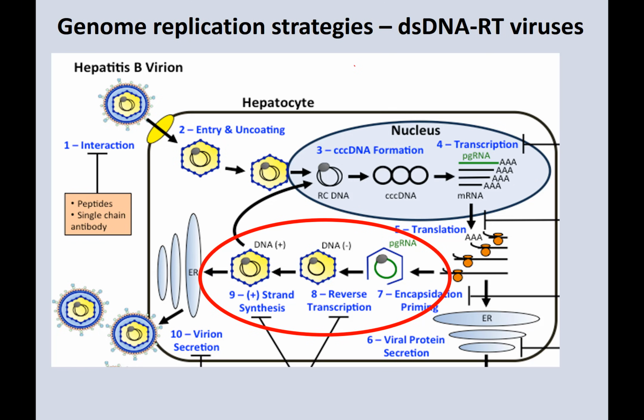We can't forget the class 7 weird double-stranded DNA virus that uses reverse transcription. And hepatitis B virus is just really cool but strange because it has a partial double-stranded DNA genome.